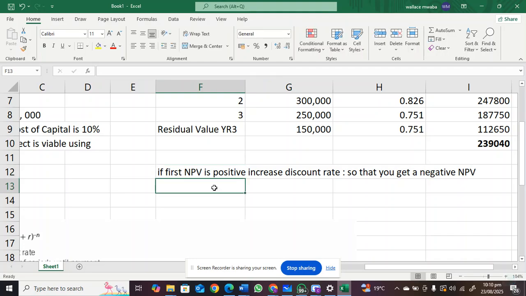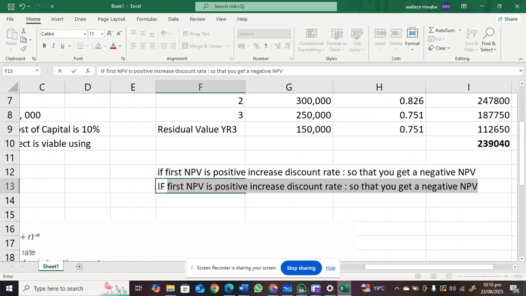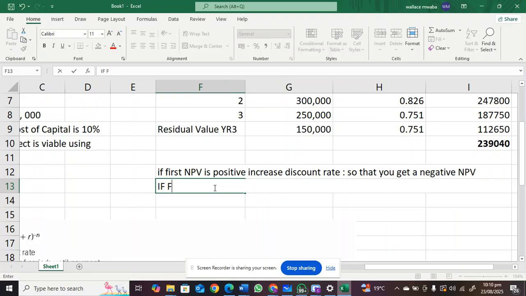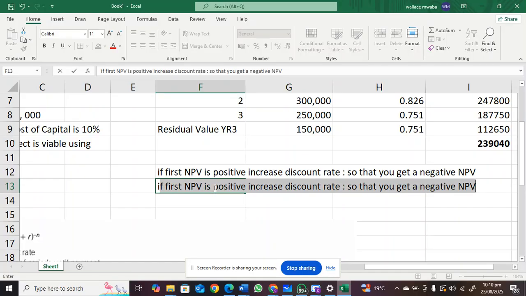Then if the first NPV is negative, decrease the discount rate so that you get a positive NPV.